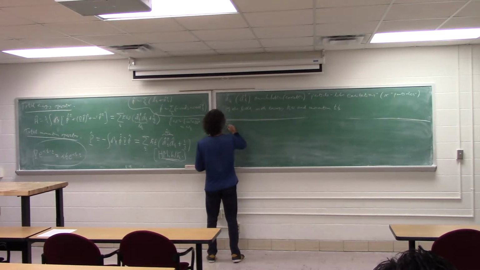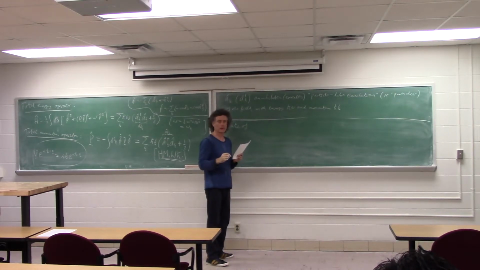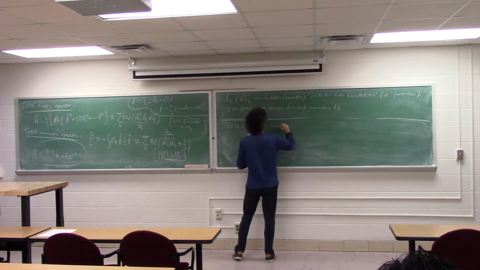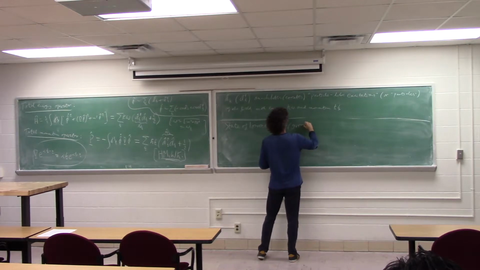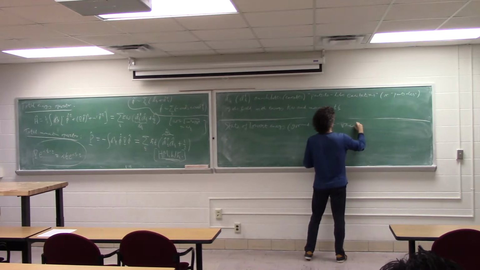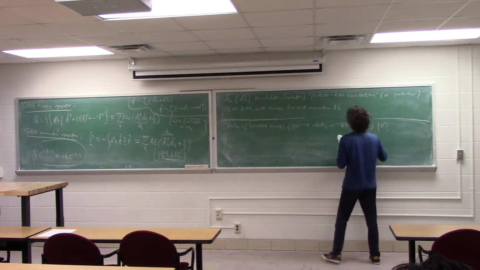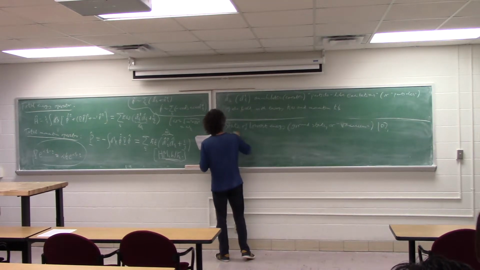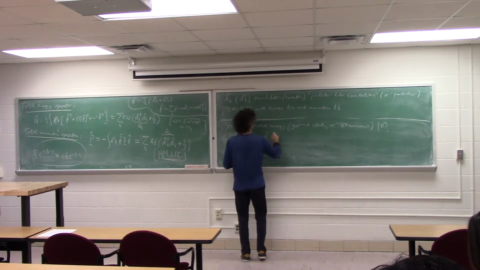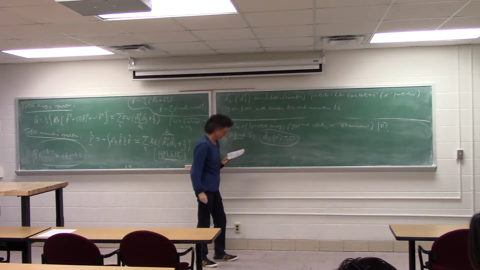So the state of lowest energy, the ground state or vacuum, is defined by A hat K acting on the vacuum is 0.